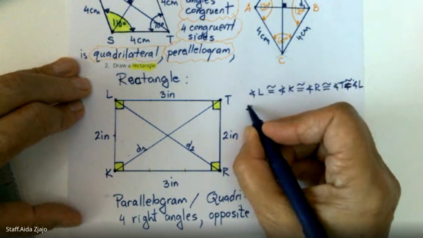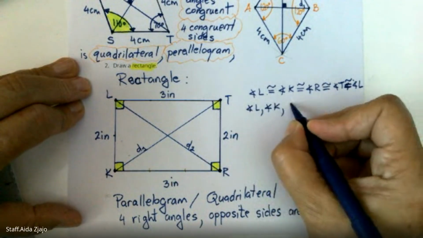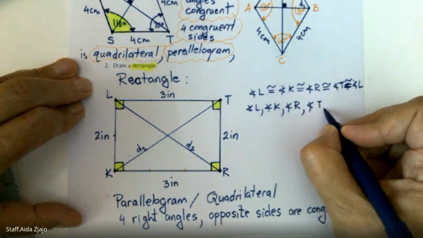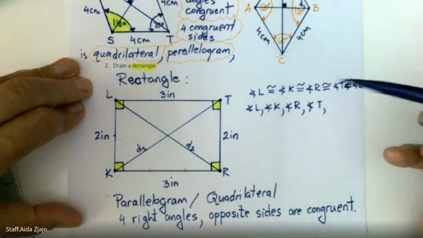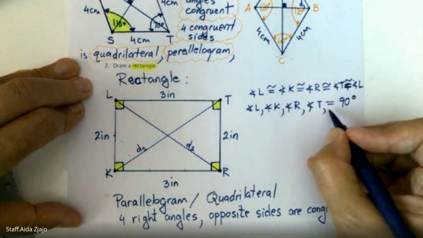So angle L, angle K, angle R, angle T equals 90 degrees.